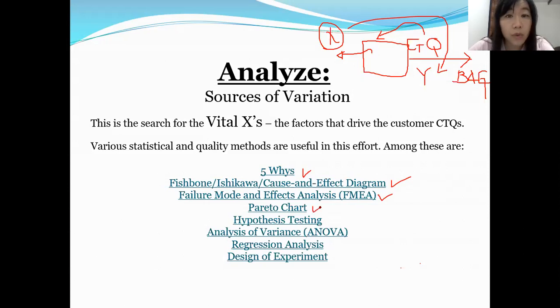The Pareto chart we also discussed, and we use it in many projects and assignments. Then hypothesis testing and ANOVA, regression and DOE. We learned many tools in industrial statistics, so we are going to refresh and discuss these tools.